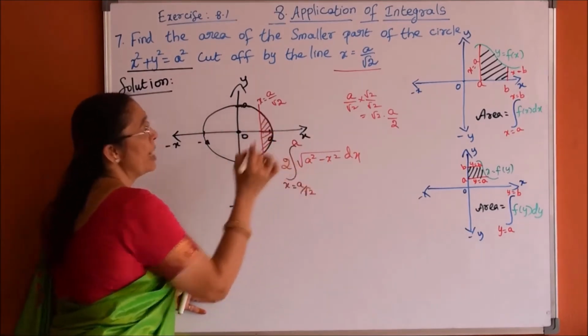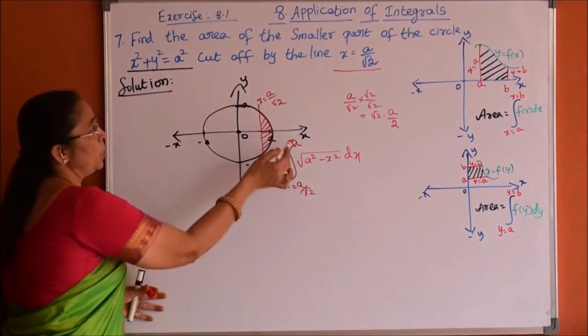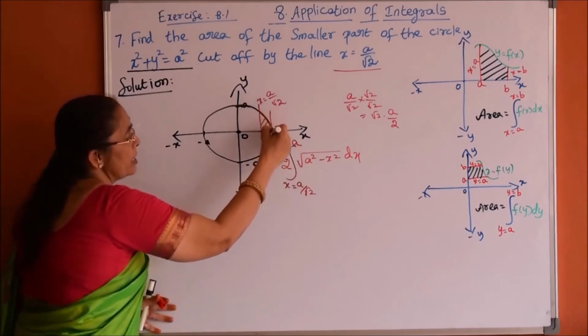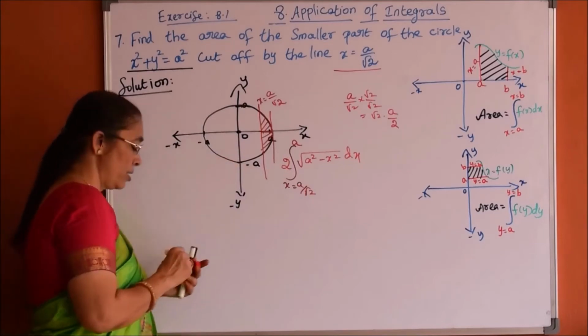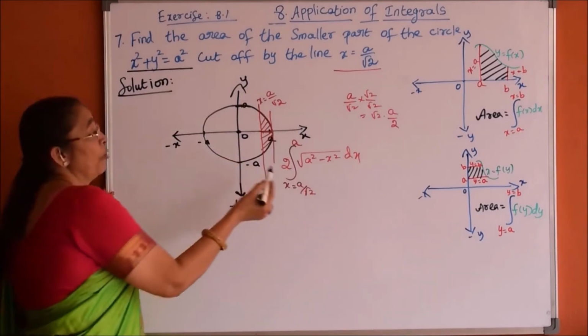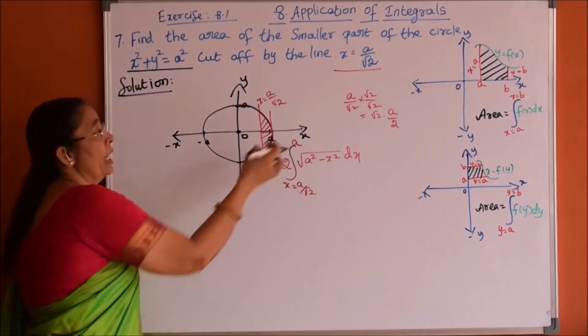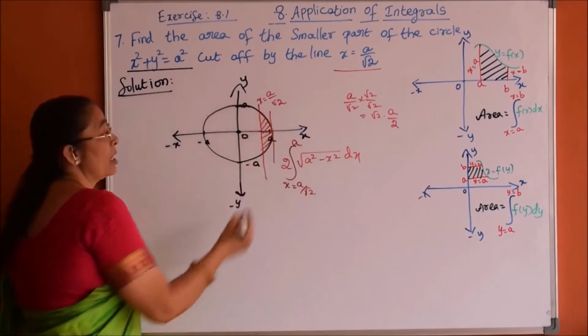So, the required area is twice the integration from x equal to a by root 2 to a, root over a square minus x square dx. Now, we frame the integral. We have to evaluate this integration and apply the limits to get the area of the required region.